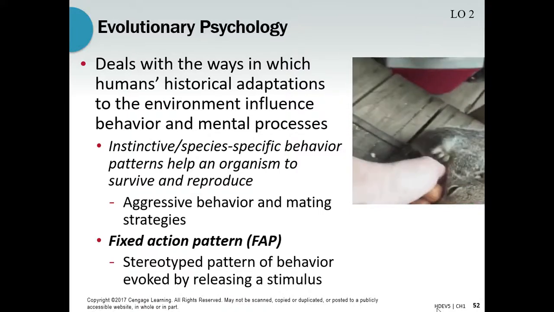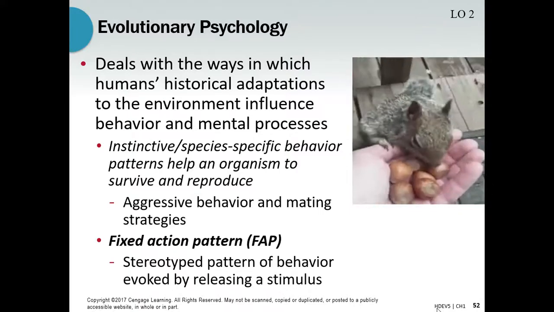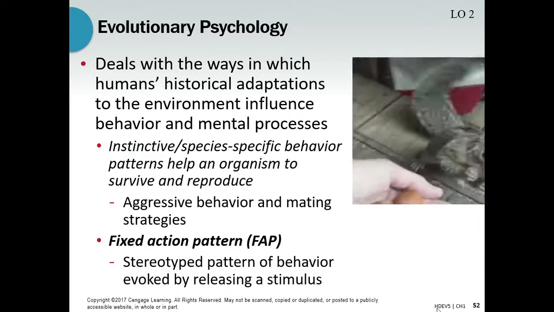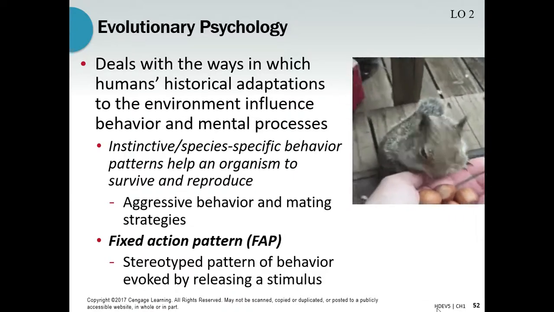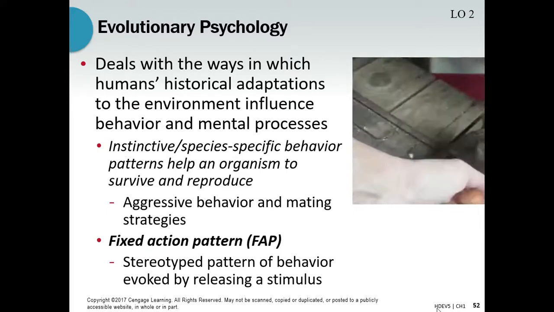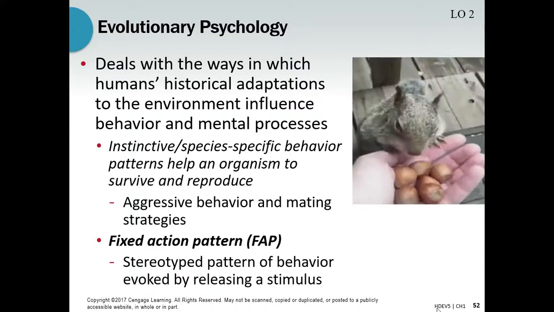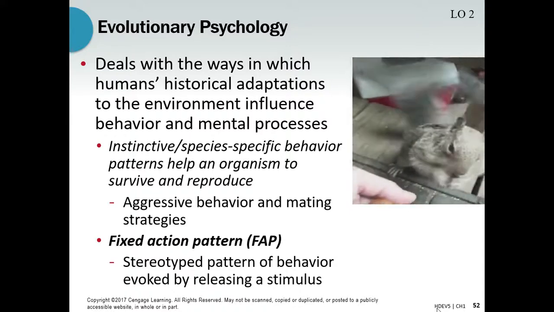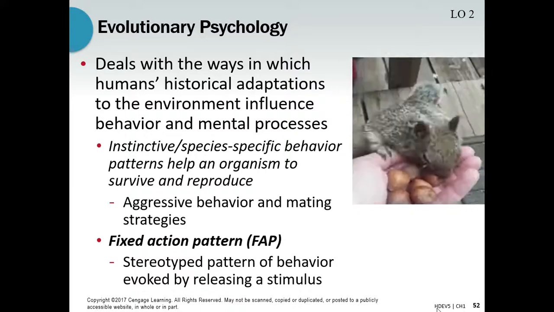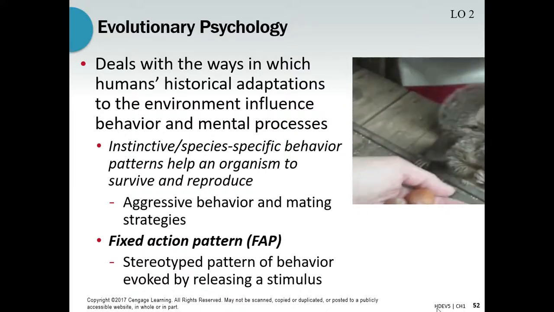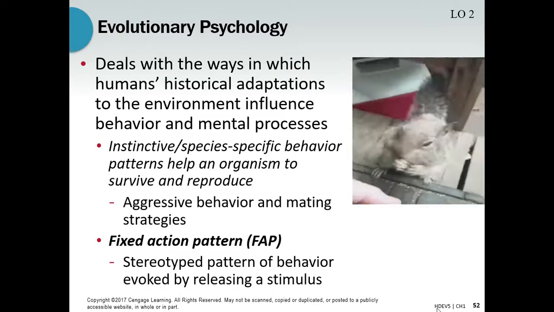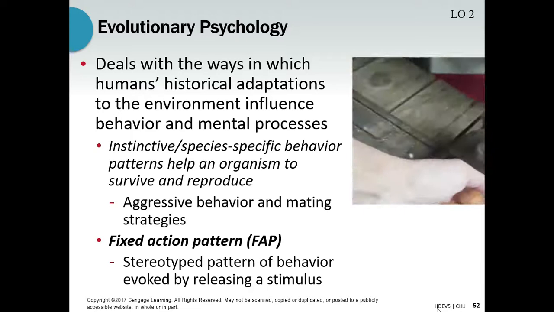Now, that is what we call a fixed action pattern. It is triggered by the environment, and the squirrel doesn't have to learn that at all. The squirrel has to do a better job or learn over time to do a better job. And obviously, an older squirrel is going to be much better at cracking that nut than a very young squirrel. But the actual fixed action pattern is instilled, is instinctual in the squirrel.